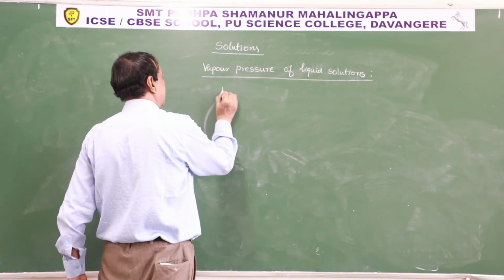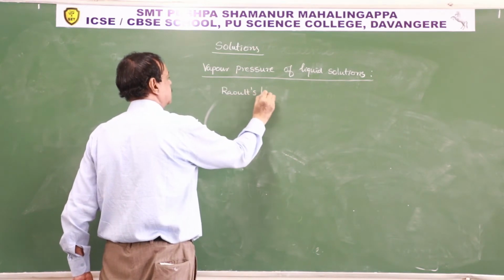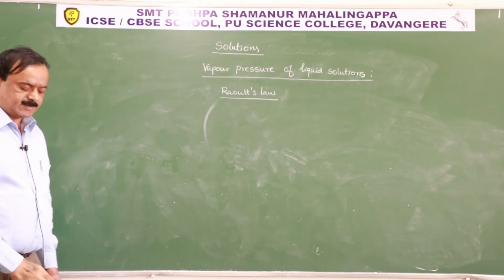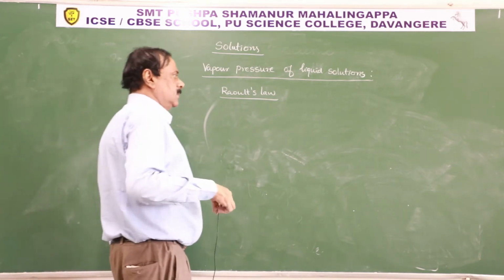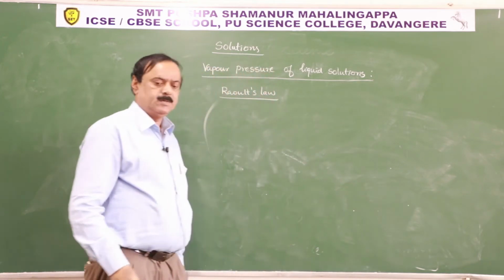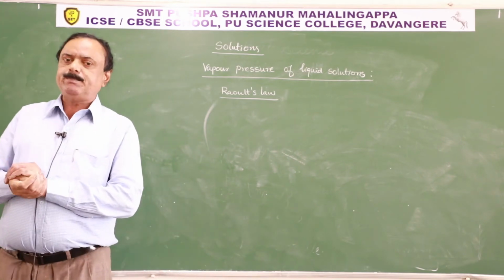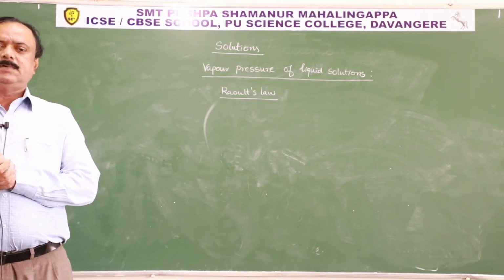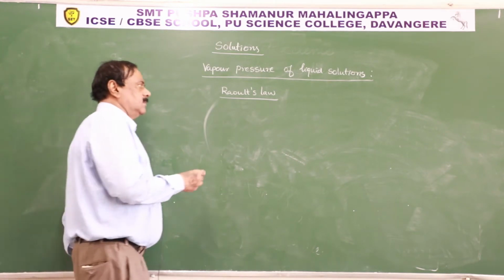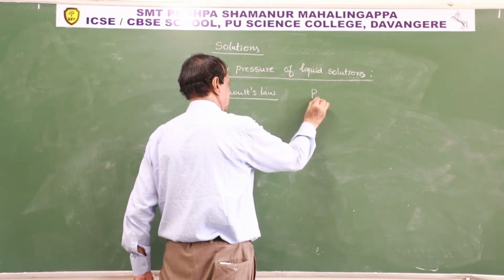Now consider, very important, Raoult's law, for the vapor pressure of liquid solutions. Suppose two liquids A and B are mixed. The vapor pressure of the liquid solution is directly proportional to the mole fraction.